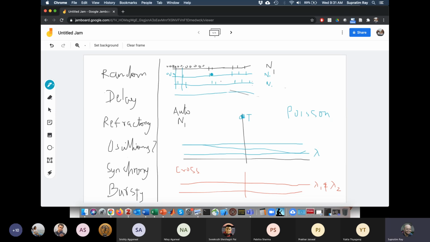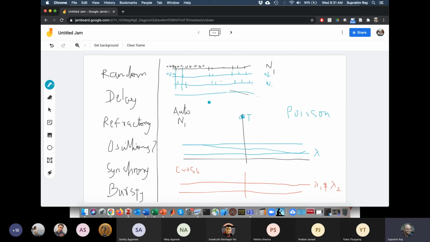But if I shift it, then the number of ones that get aligned will just depend on how many ones are there in the train in the first place. So it will settle at some value which only depends on the average number of spikes, but it won't depend on the lag because it's firing in a Poisson-like manner.